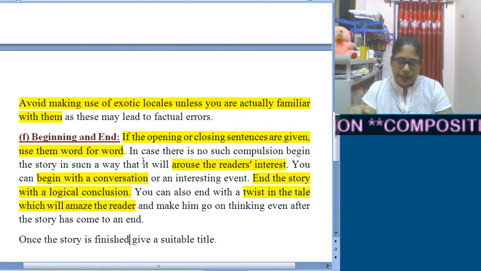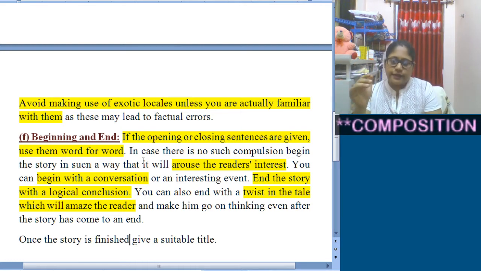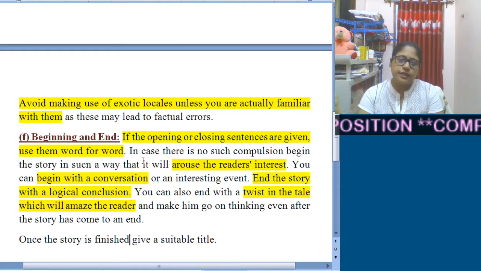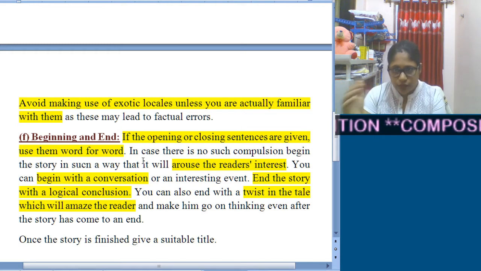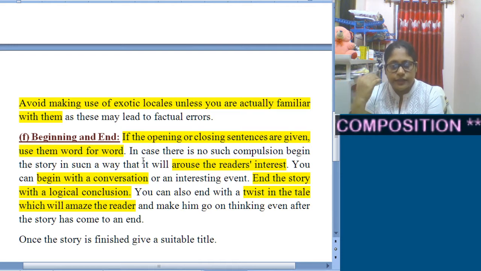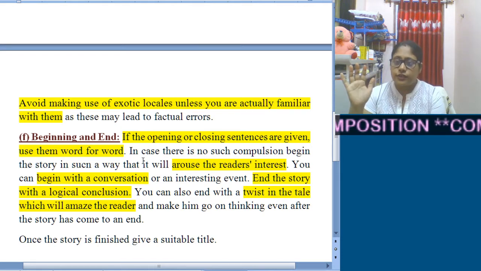Now ending, it's similar to starting. If you are provided with the words, then you have no choice, but if you are not given any, then you can end your story with a twist so that the reader keeps on thinking about it.